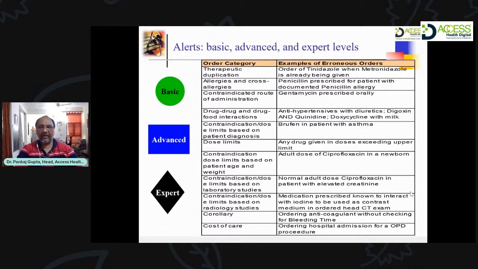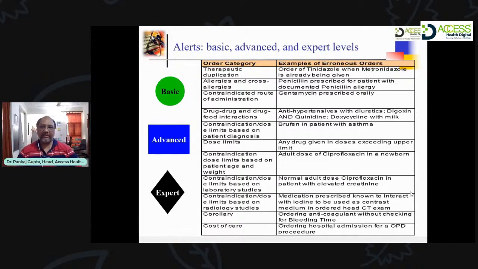So you can't really go beyond a certain dose, but it has been done. Then dose limits, contraindicated dose limits based on age, based on gender, based on so many other factors, the clinical conditions. So the laboratory values, drug-lab interactions, and then limits based on radiology studies, and so on.